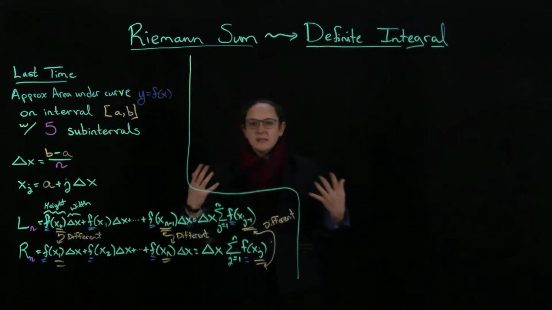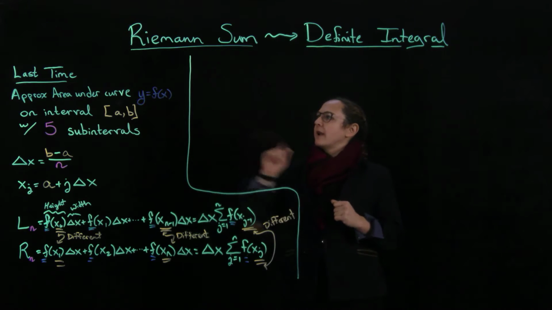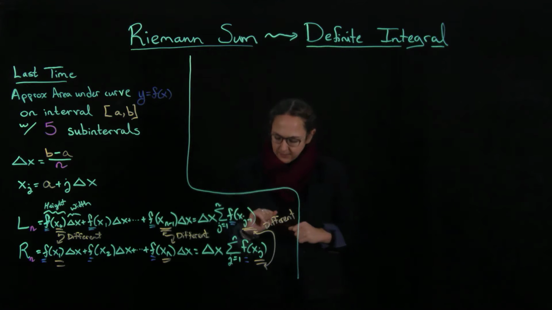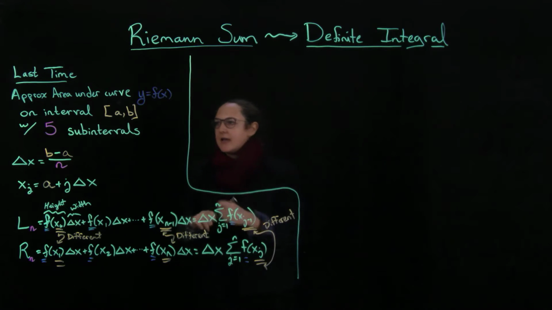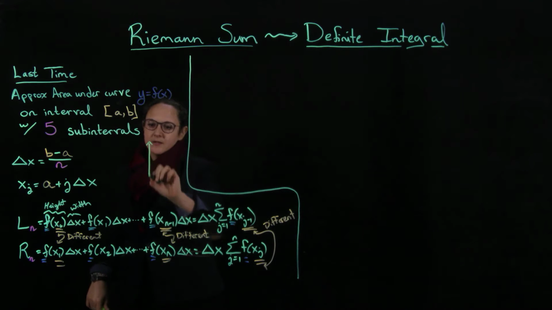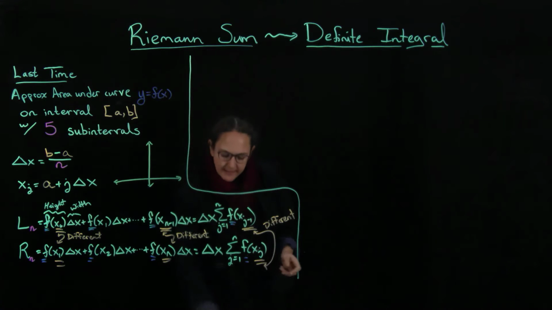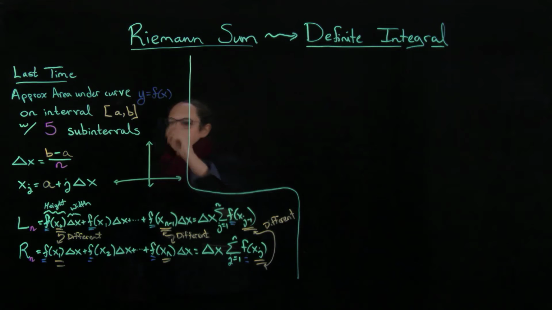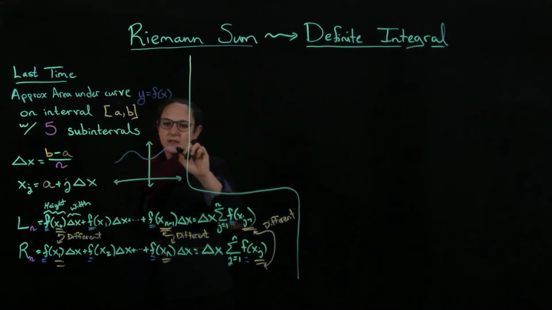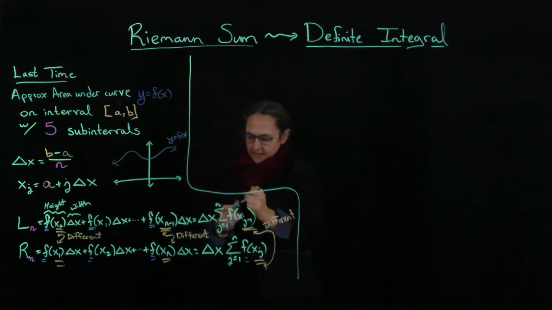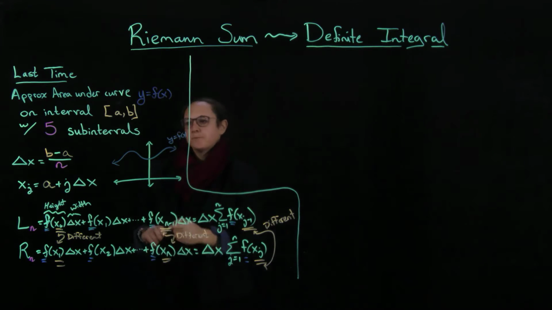We talked about approximating the area under a curve, y equals f of x, on a particular interval, a, b, and maybe I'll add in a little picture here. The picture to have in mind is that we have this function y equals f of x. I look at the curve, and then I look at this interval.